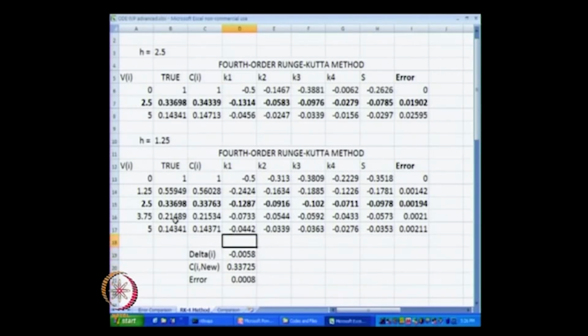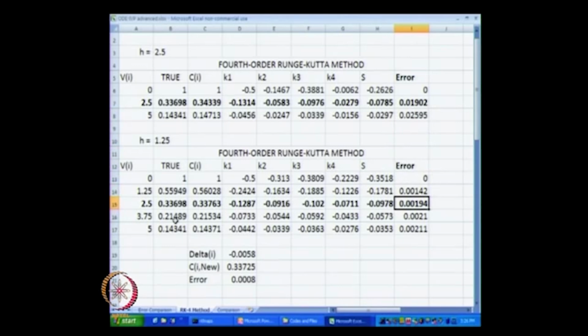As you can see, our error was 2 into 10 to the power minus 2 when we used H equal to 2.5.